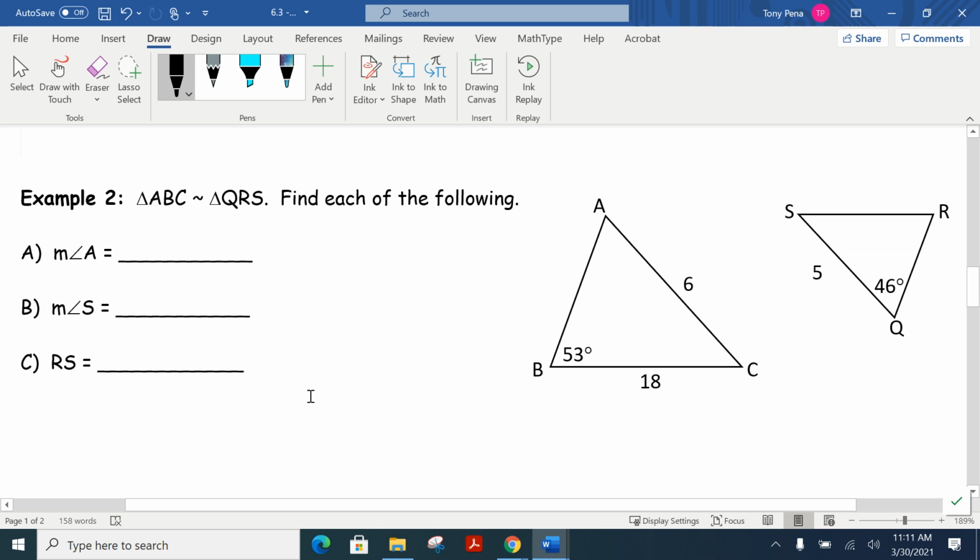And once you have A and S, I would just hang tight on RS, the length of RS, because we haven't necessarily done one of those yet.